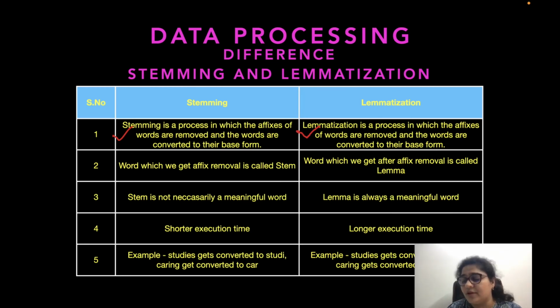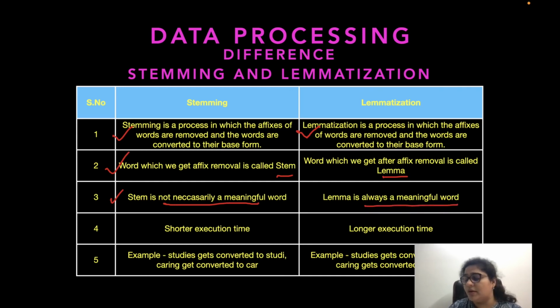Same. Second, the word which we get after affix removal is called a stem, whereas in lemmatization, the word which we get after affix removal is a lemma. Third point, a stem is not necessarily a meaningful word, whereas a lemma is always a meaningful word.